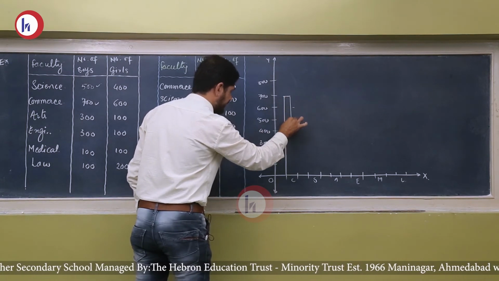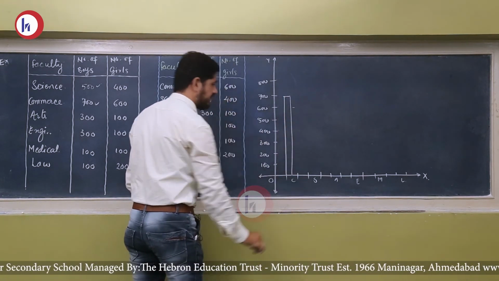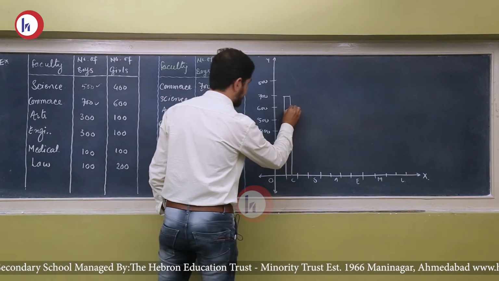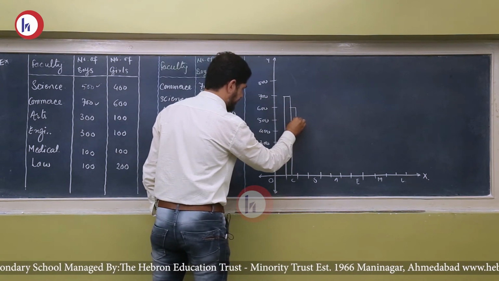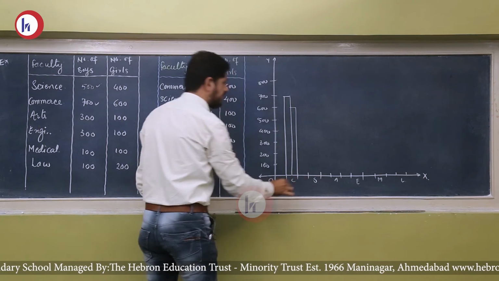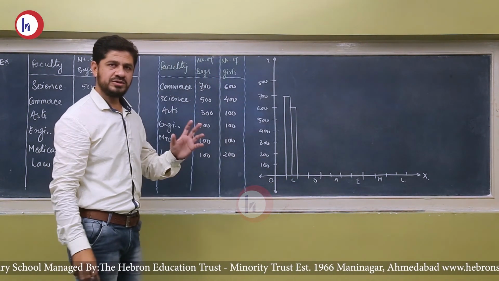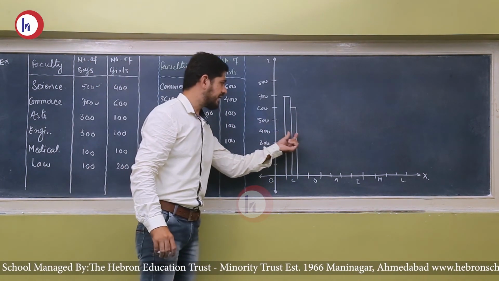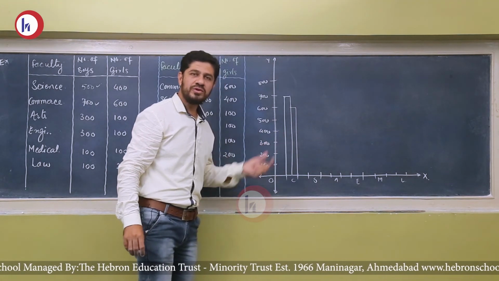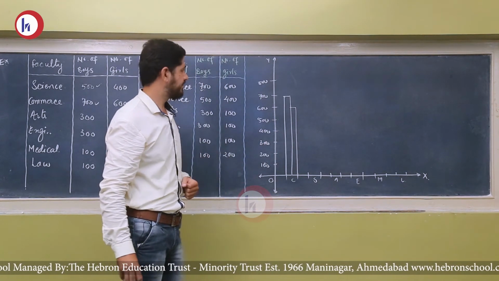On the half block we will represent the number of boys. In the remaining half portion we will represent the girls. Because both these data are adjacent, we will also call it the adjacent diagram.